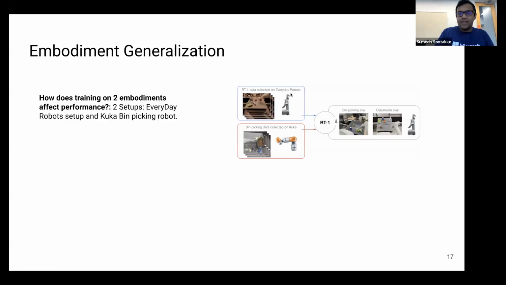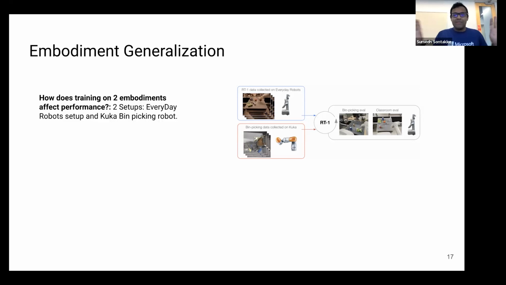One was this Everyday Robots robotic embodiment, which is basically a mobile manipulator. So we had a base that could move, an arm that could interact with objects, and a head-mounted camera. And we also had a KUKA robot, which is basically a robot that was used to collect and separate trash into recyclables and compostables and so on.